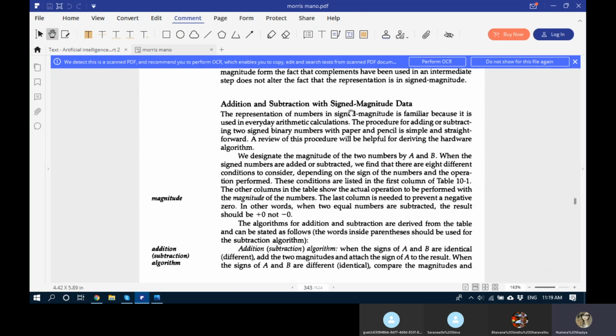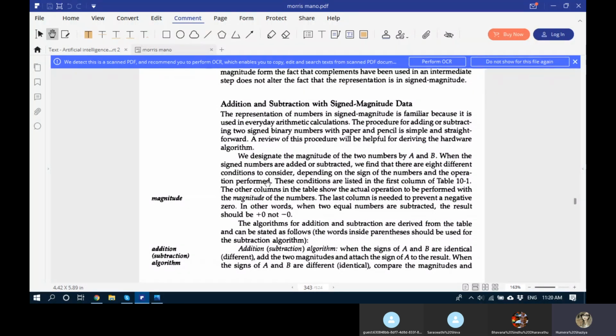Signed magnitude means you separate the number into number and sign part, and the number part you directly convert into binary form, and if it is negative, it is denoted by 1. That is how this addition and subtraction with signed magnitude algorithm functions.